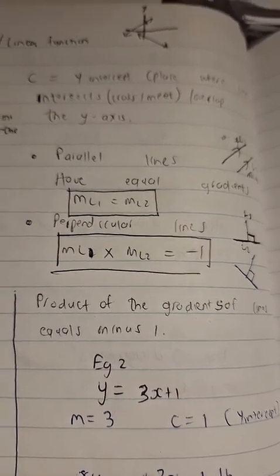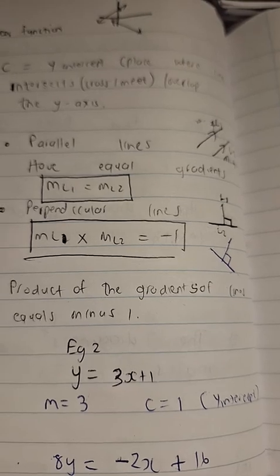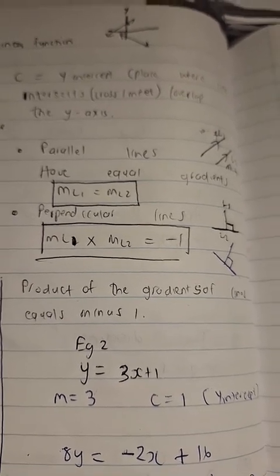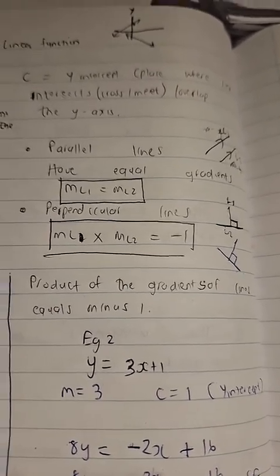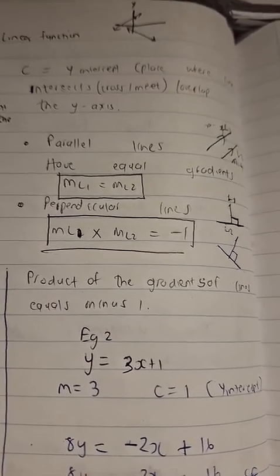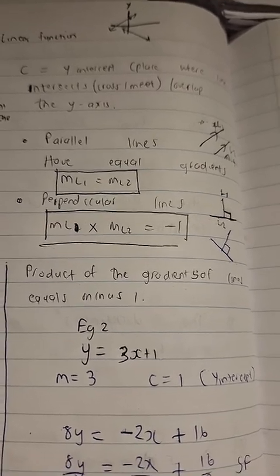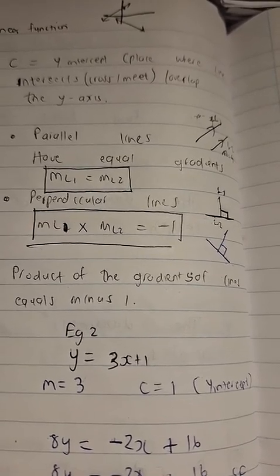And as I was sitting there, I just started having this thing going on in my head: parallel lines equal gradients, parallel lines equal gradients. That was just hammering in my head.